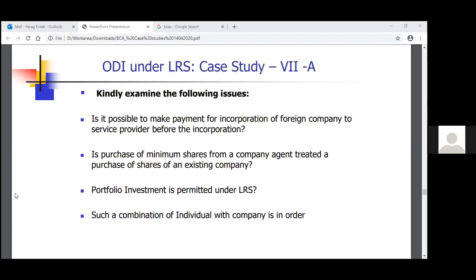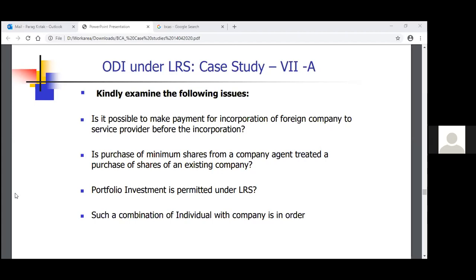But you can then definitely purchase these shares from the agent, and it is an existing company, and therefore the valuation issue may or may not arise if the stand is taken by the authorized dealer that there are no activities, but the foreign agent has formed this company as a nominee of the Indian party. And if the formation of the company and the purchase of shares are in the same year, probably there won't be any difficulty.